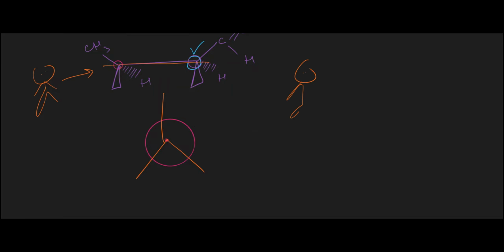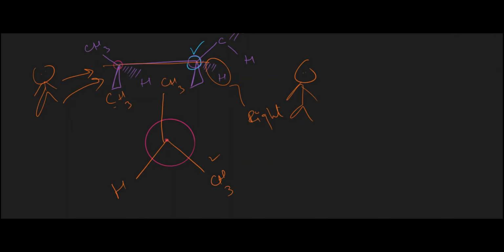And let's say we are viewing the compound from the left side, and this methyl, this hydrogen, the dash one, and the methyl on the right side is the wedge one.